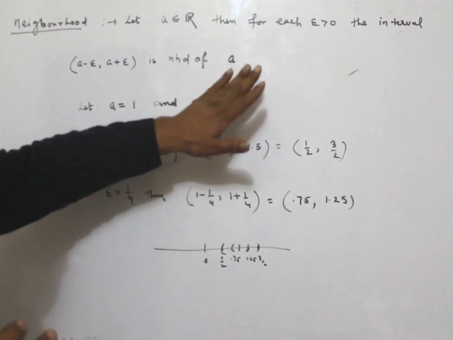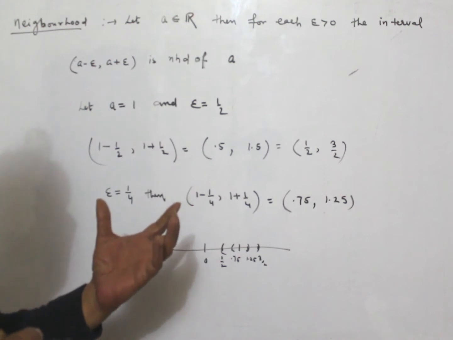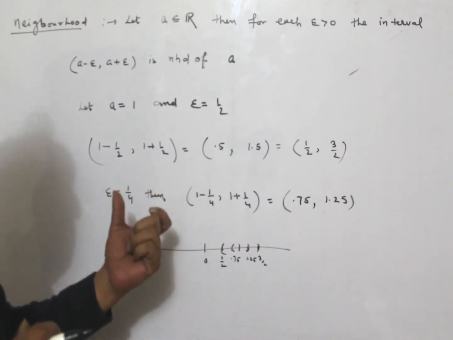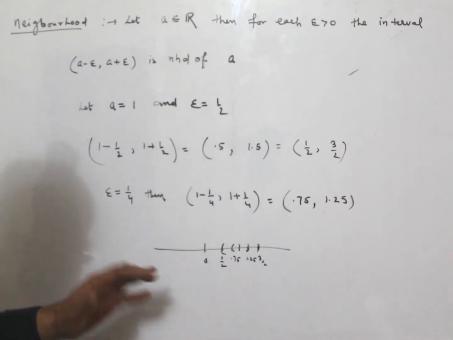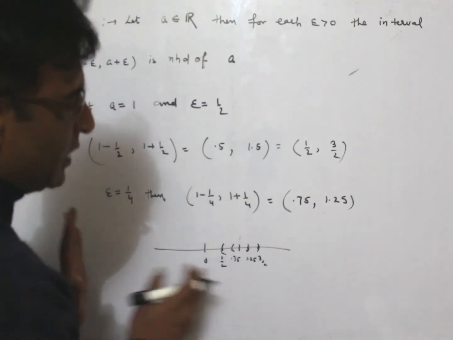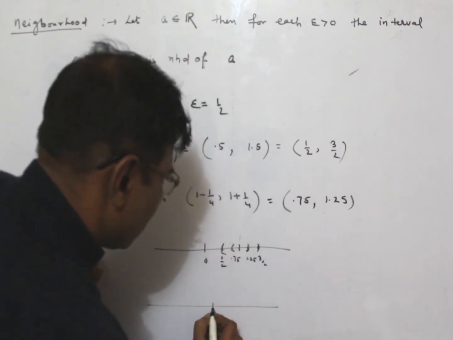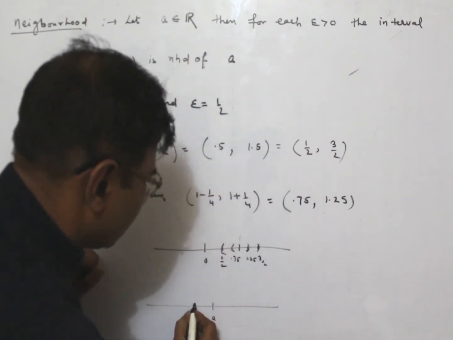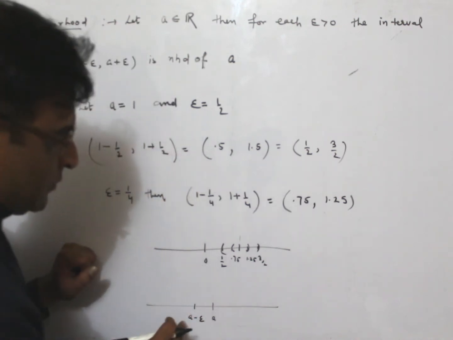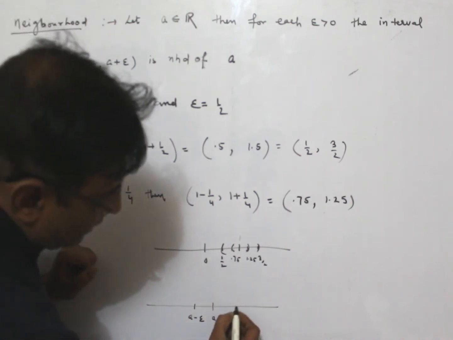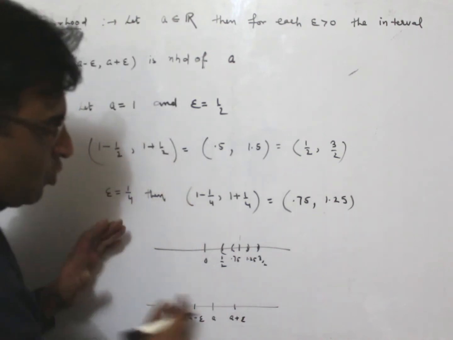So we have been given for each epsilon, so it depends on us what epsilon we choose. In general, if this is point A, then after subtracting epsilon from A, we move to the left side, and if I add epsilon, then we move to the right side.